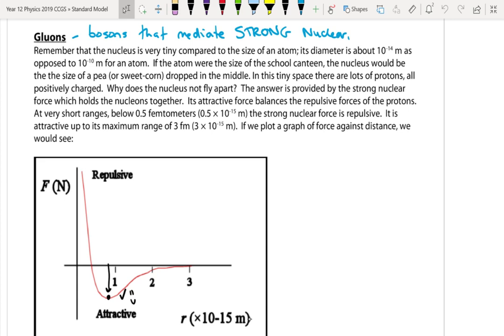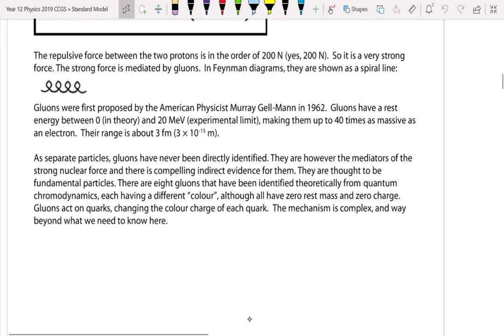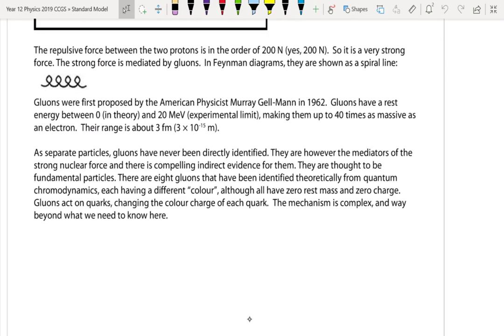So, they're our gluons. Gluons mediate strong nuclear. They have never been directly identified. Murray Gell-Mann, he's a good bloke, he proposed them. You don't need to know Murray Gell-Mann. Okay. They're very short range.